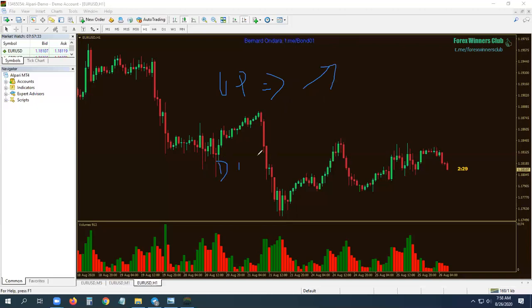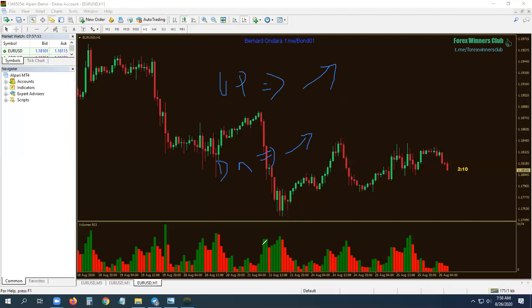For a downtrend, volume must also increase. So it's not like one is up, one is down. No. Like I said, volume is fuel. You need fuel to continue going up or to continue going down.